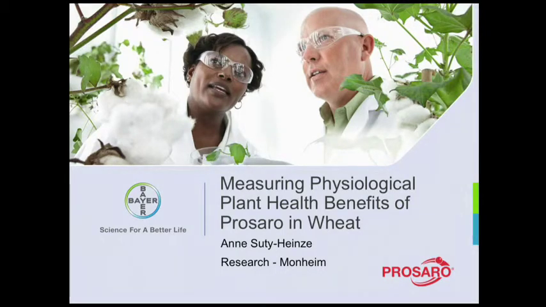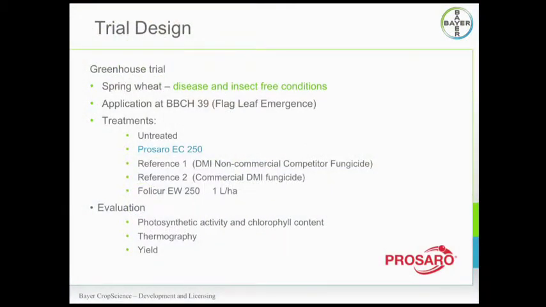This allows us to control disease and insects, and so we can relate our results then directly to plant health benefits. So we're looking here at fungicides, in this case demethylation inhibitors or DMI fungicides, group 3 by the FRAC classification. We've been talking about these extensively already in this session. So we have Procero.